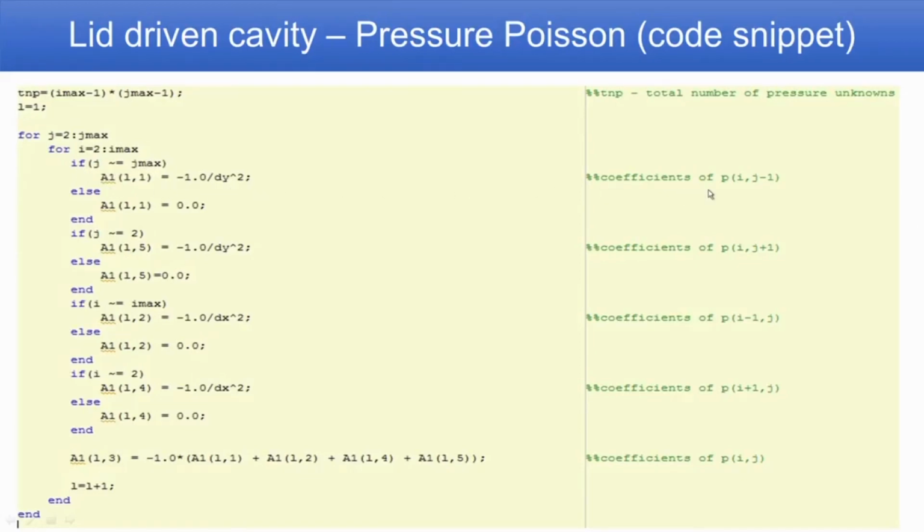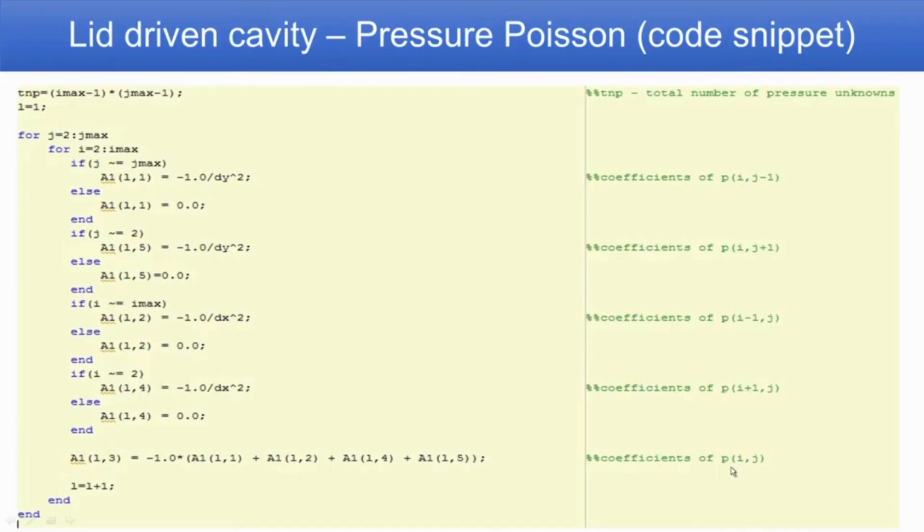So, this is for coefficients of pressure for the node I comma j minus 1. We have written a similar thing for each location. So, for example, this particular line is for coefficients of pressure at I comma j plus 1. We have written similarly for each.